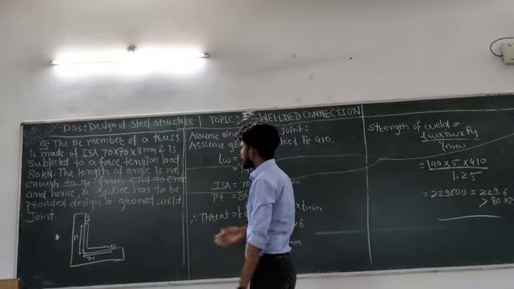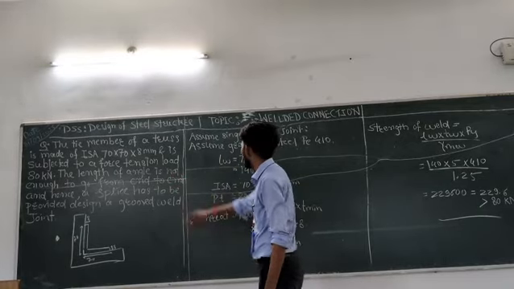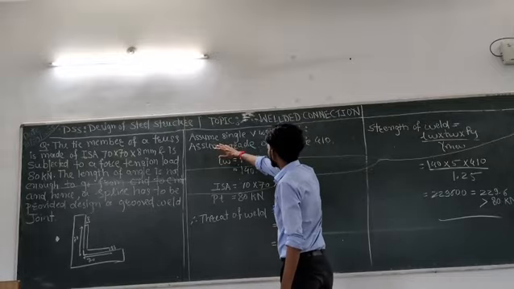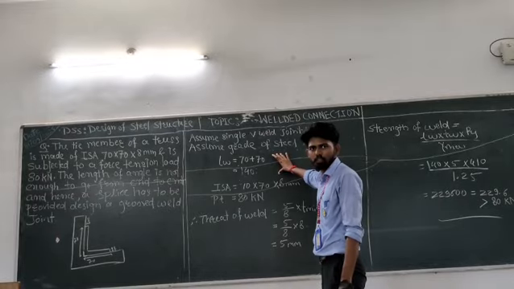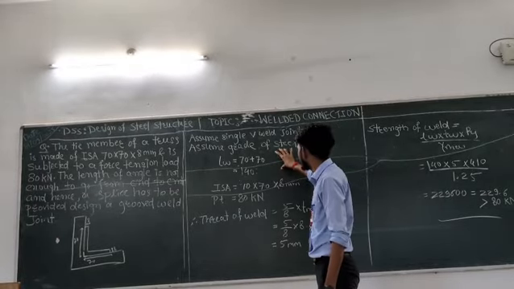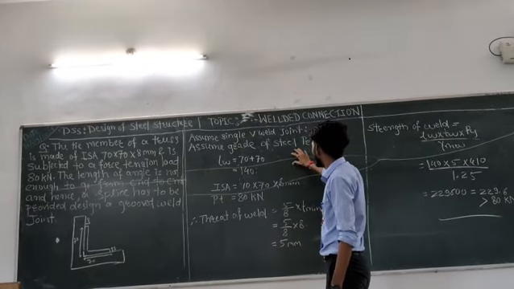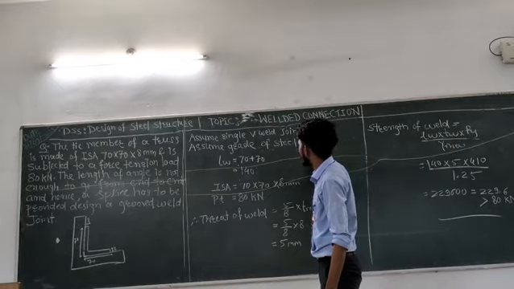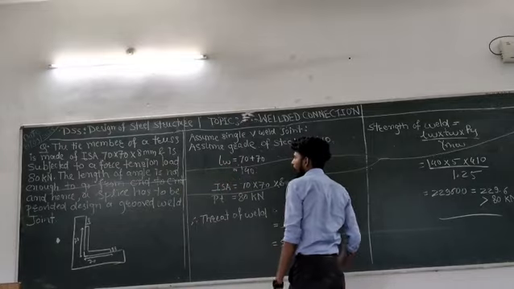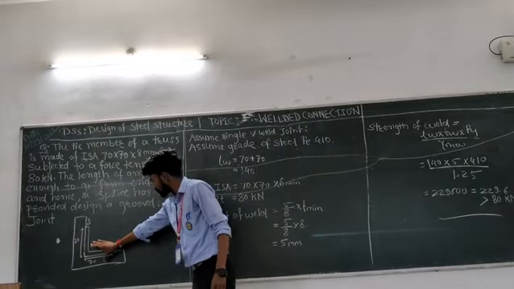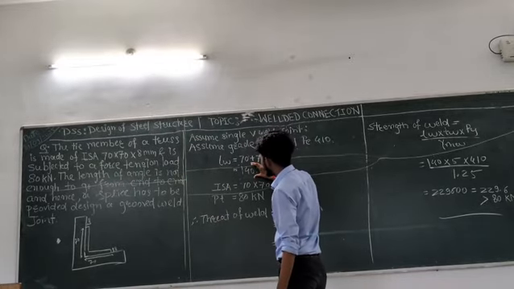Let's solve this problem. There are some values that are not given, so we have to assume them. We assume a single weld joint and assume the grade of the steel. The grade of steel is not given, so we are going to assume the standard value from the IS code, which is Fe410. To find Lw, we add both lengths of the weld, that is 70 plus 70, so our answer is going to be 140.